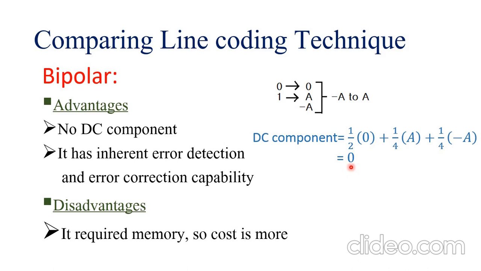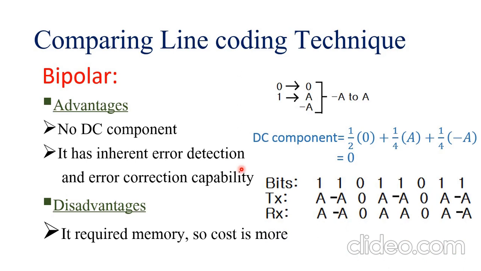The bipolar technique is a pseudo ternary code, and it has an inherent property which will identify errors. Let us try to understand that by one example.